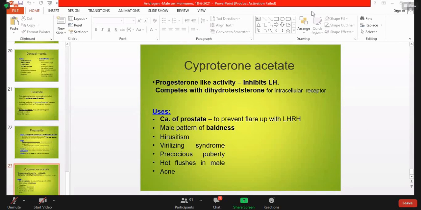So androgens are used in hypopituitarism in order to have male sexual development, development of male sexual characters, and also spermatogenesis. So androgens are used in case of hypopituitarism when LH and FSH are affected.